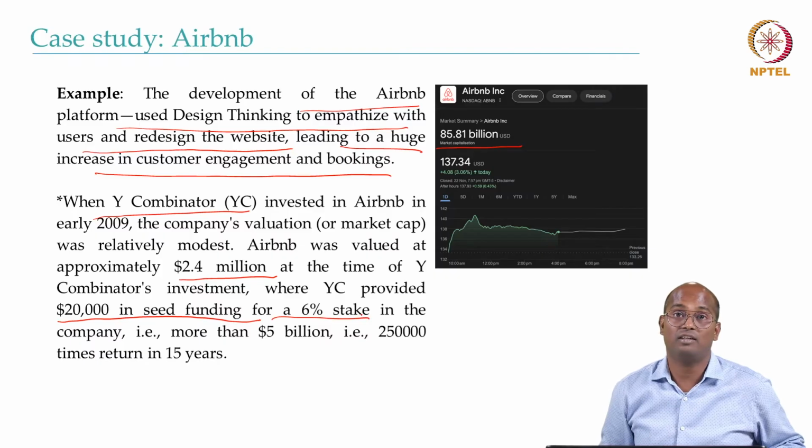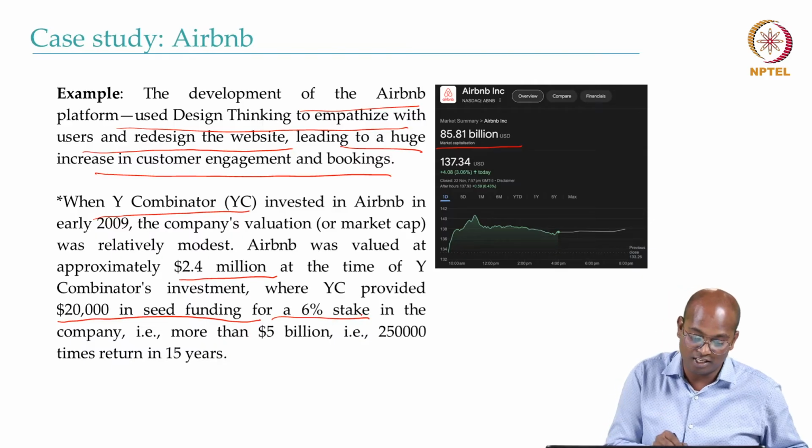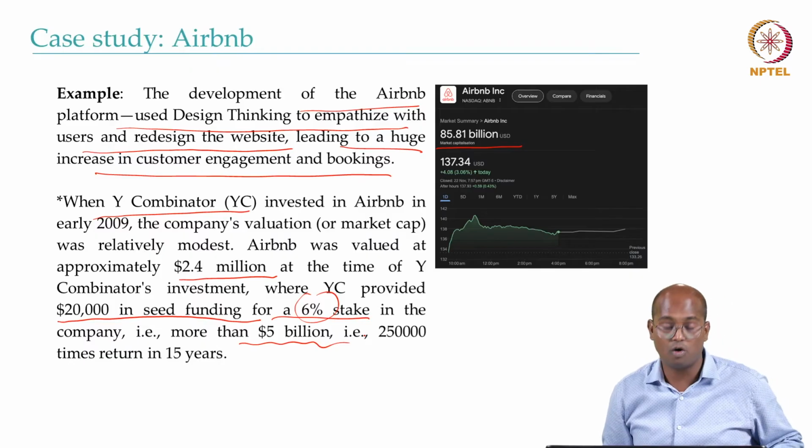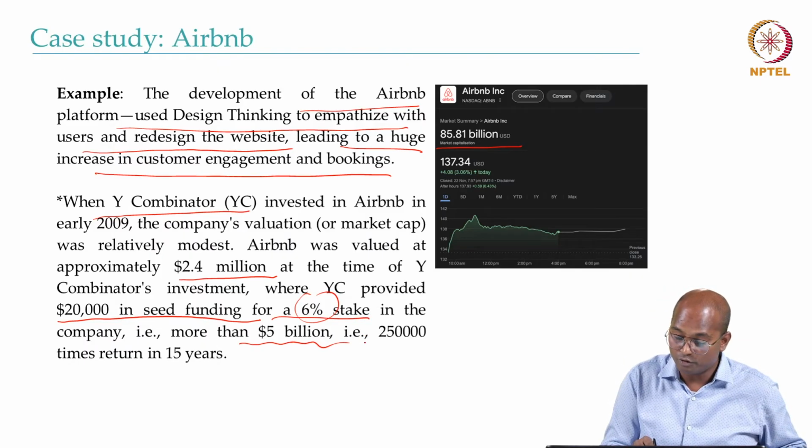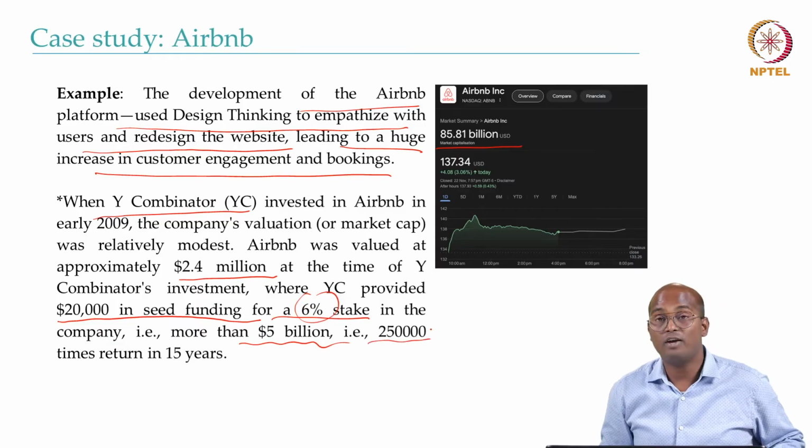Given the market valuation of $85 billion at this moment, can you guess this 6% stake is now nearly $5 billion? That is a return of nearly 2.5 lakh times in just 15 years.